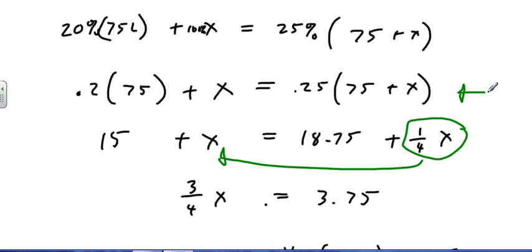Now, when you got to this equation right here, there's no reason you can't just enter it in your calculator and have it tell you what the answer is. So I'm going to go second function, numeric solve, clear both sides of my equation from the junk I had yesterday, and enter 0.2 times 75 plus X equals 0.25 times parentheses 75 plus X close parentheses, enter, solve.